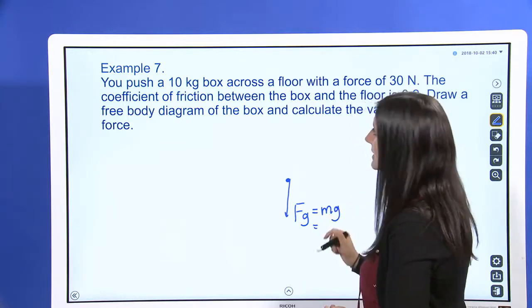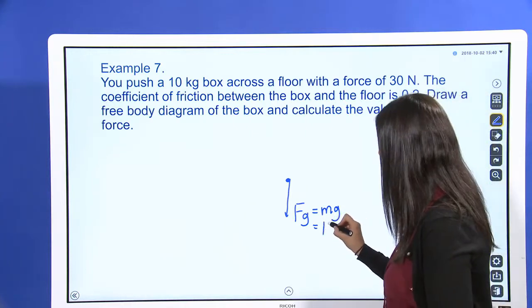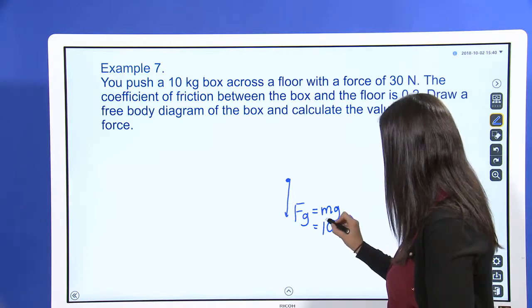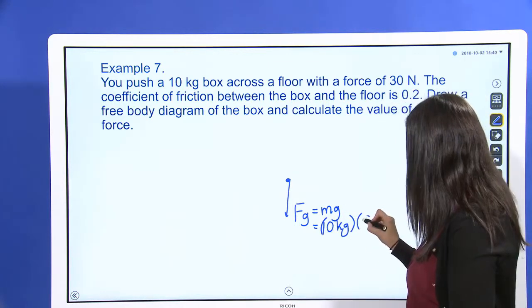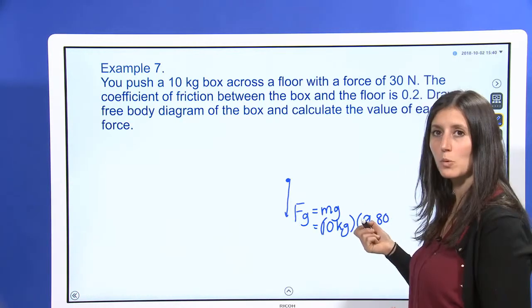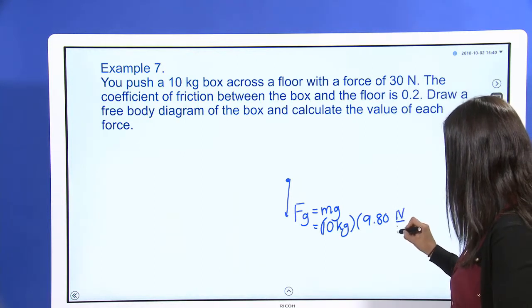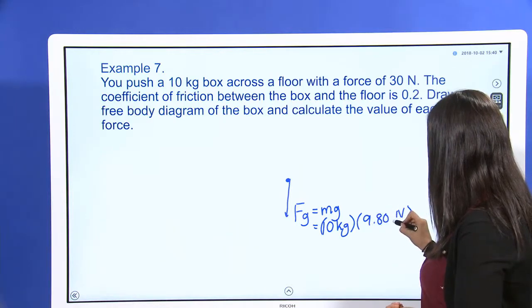M is the mass of my object, so in this case my 10 kilogram box has to be in kilograms, and g is my gravitational constant, which is always 9.80 meters per second squared, or newtons per kilogram.